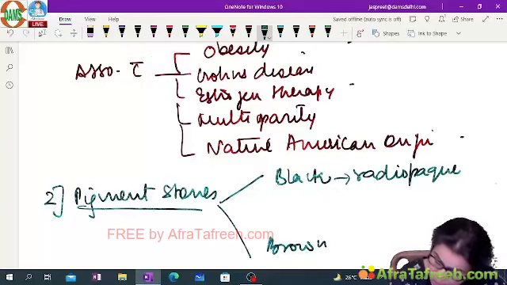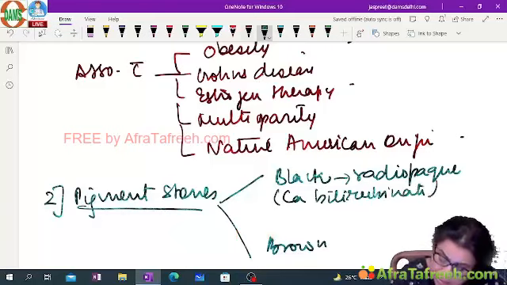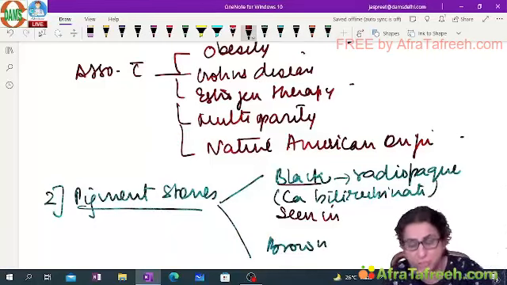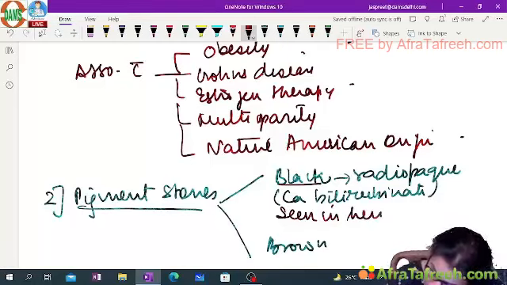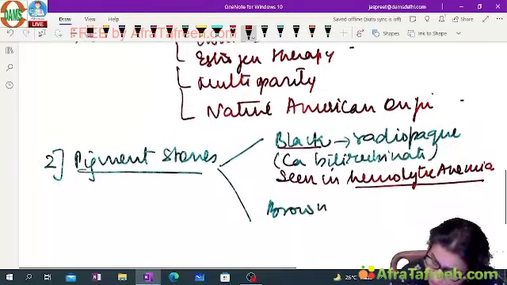They are radio opaque because they are composed of calcium bilirubinate, and they are seen in hemolytic anemias. So black stones are seen in patients with hemolytic anemia.